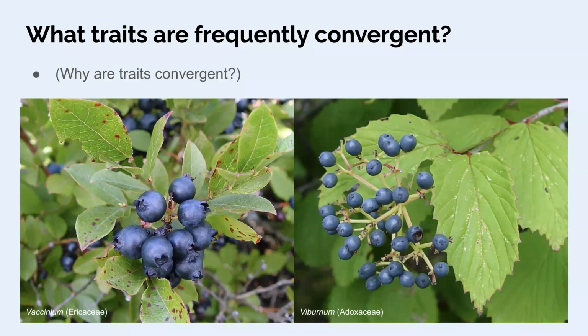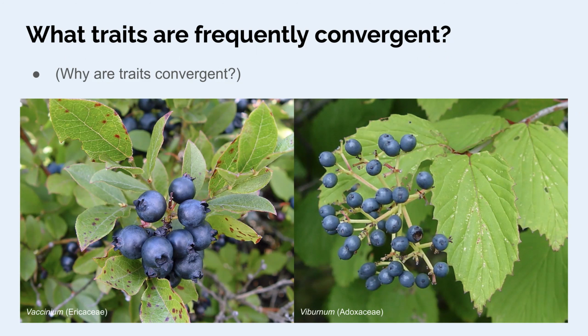So some of those features are going to be unique, as we saw, and some of these features are going to be more convergent. So here's an example of a couple of shrubs that have pretty similar fruits, right? So we've got fruit color, fruit size is not so different. The arrangement of them in rather abundant clusters. So you could ask yourself the question, well, why would they look so similar?